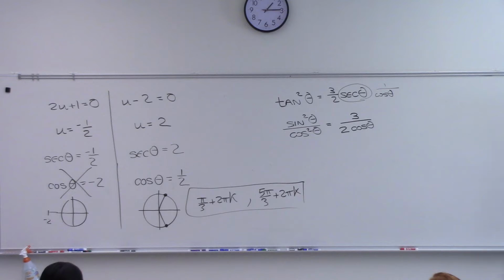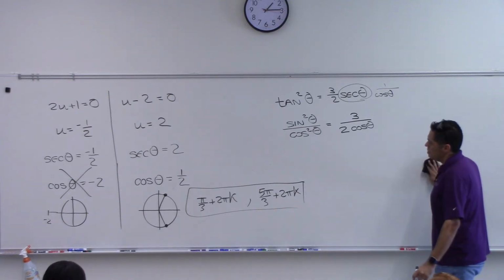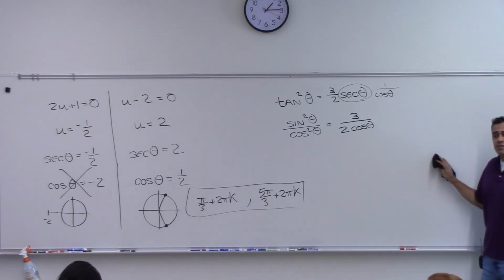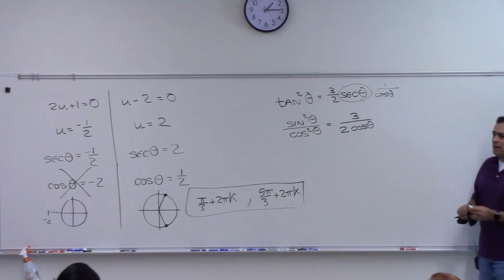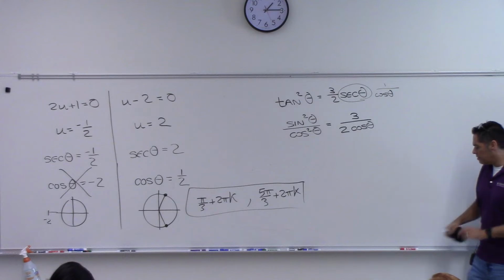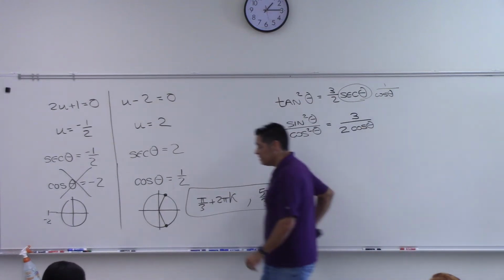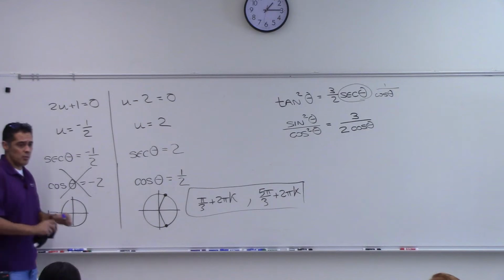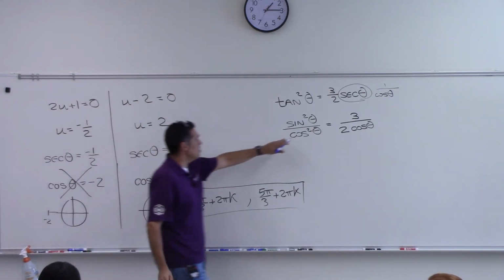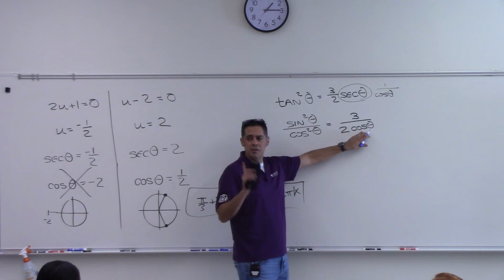The next thing I'm going to do is clear the fractions. So I'm going to get rid of the fractions by multiplying both sides by the LCD, least common denominator. Can someone tell me what the least common denominator would be? You need a 2, and you need a cosine squared. Exactly. So this has cosine squared, that has cosine, so you need cosine squared.